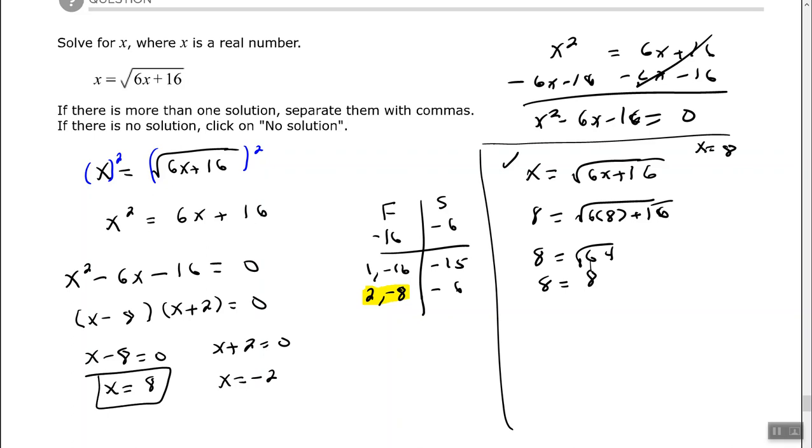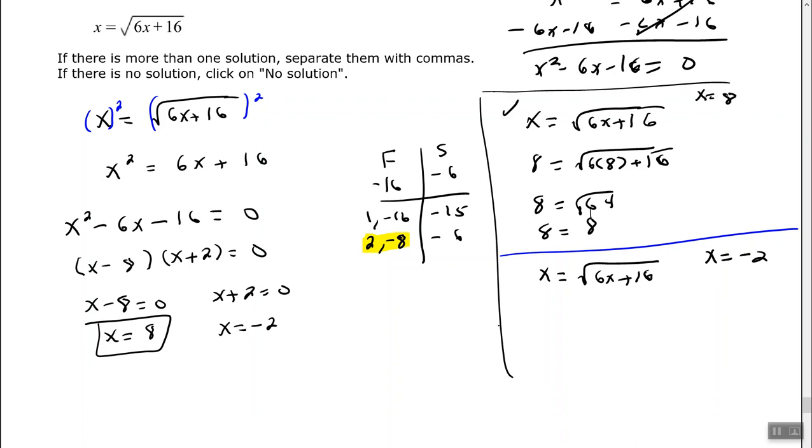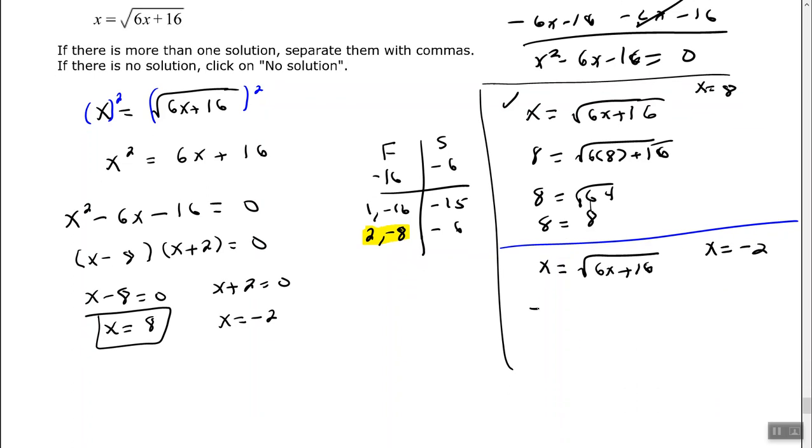Now we also need to check the other solution. Again, our original equation; we need to check x equals negative 2. Everywhere I see an x, I'm going to replace it with negative 2. I can stop here, because remember, we cannot take the square root of anything and get a negative result.